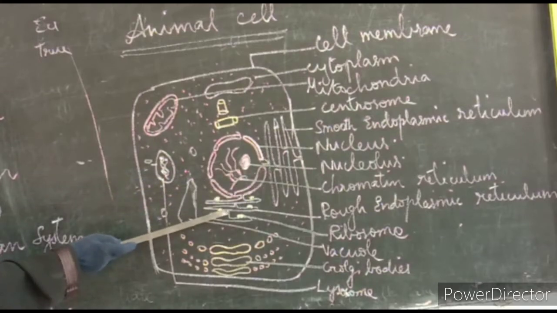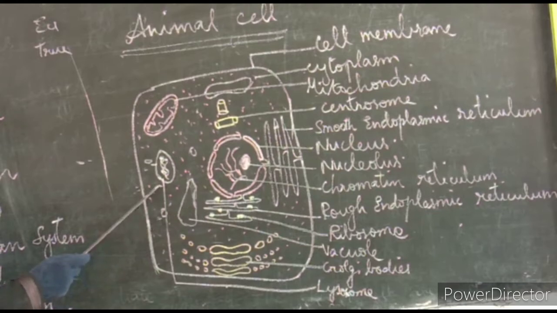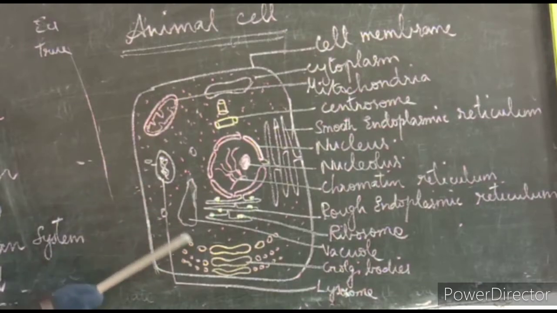Here this is the rough endoplasmic reticulum because the ribosomes are stuck over the endoplasmic reticulum, so we can call it the rough endoplasmic reticulum. We have lysosomes and then we have Golgi bodies. These are all the cell organelles present in the cytoplasm.